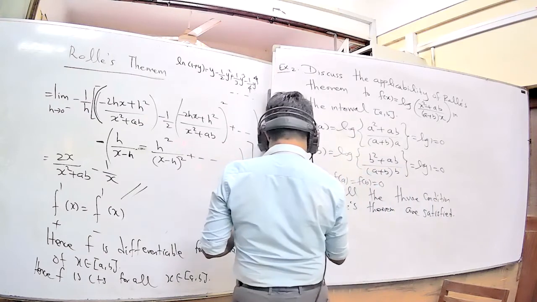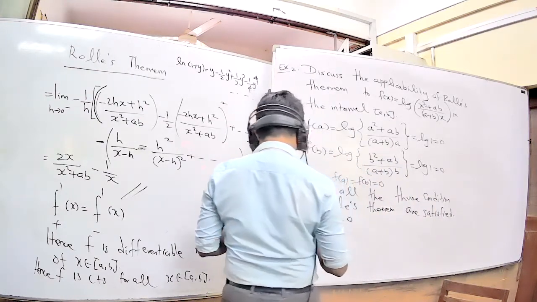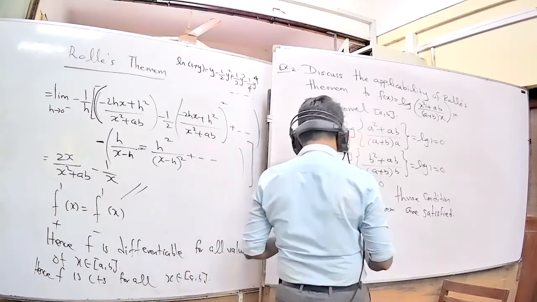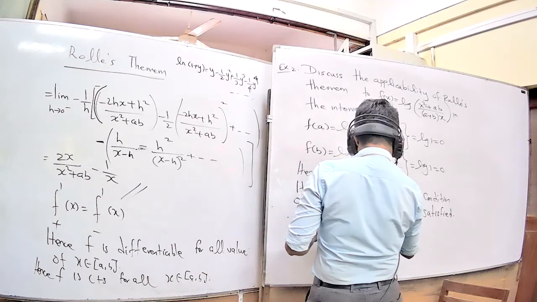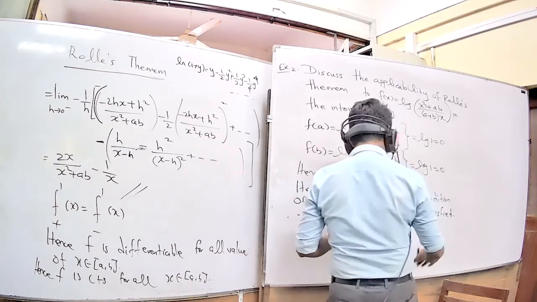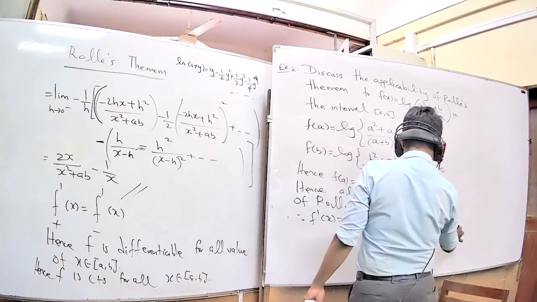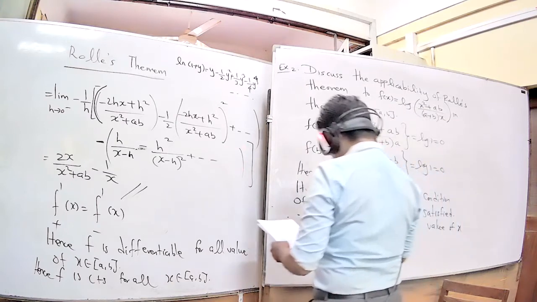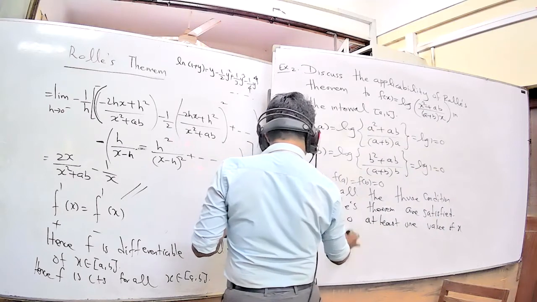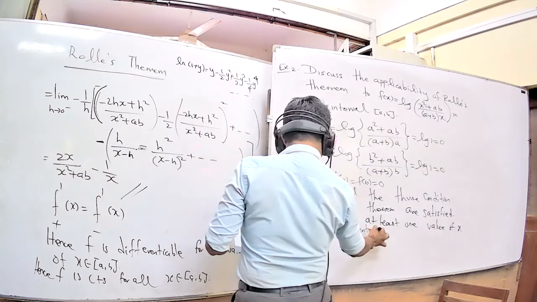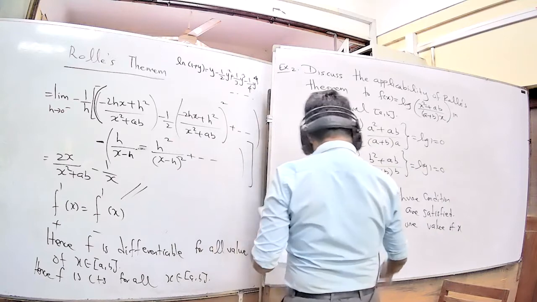Therefore f dash of x is 0 for at least one value of x in the open interval a comma b.